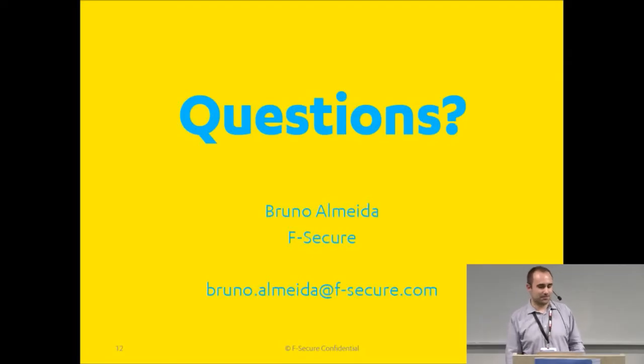So cloud is not good for everything, and that's one of the lessons to retain from this journey of ours with OpenStack. But this is all I had for you guys. So thanks.